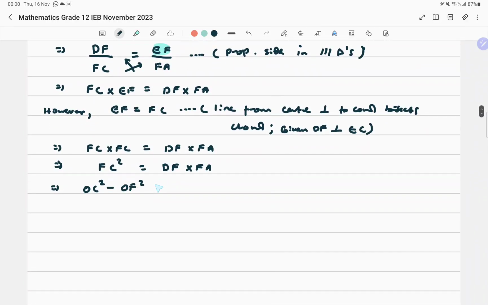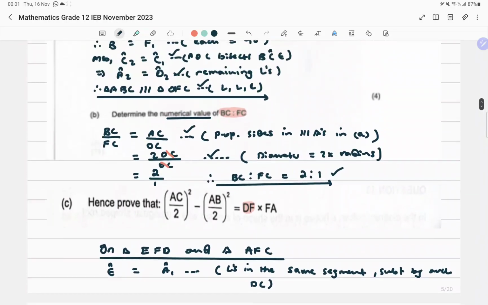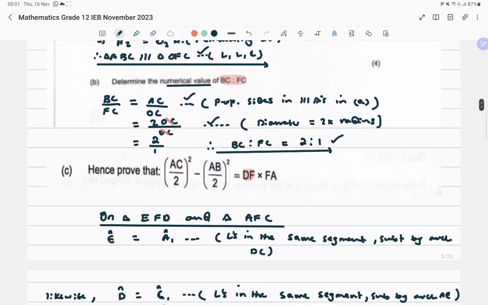OF squared is equal to DF times FA. What do I know? I know this is from Pythagoras theorem in triangle OFC.